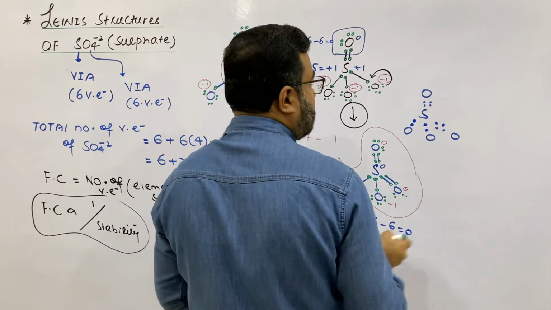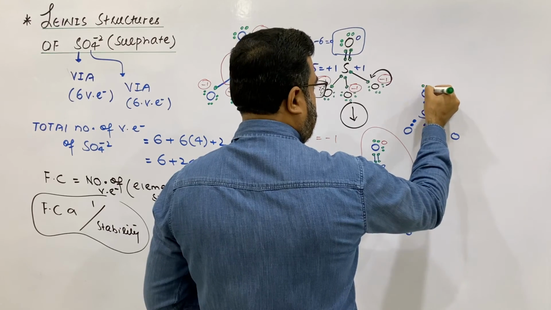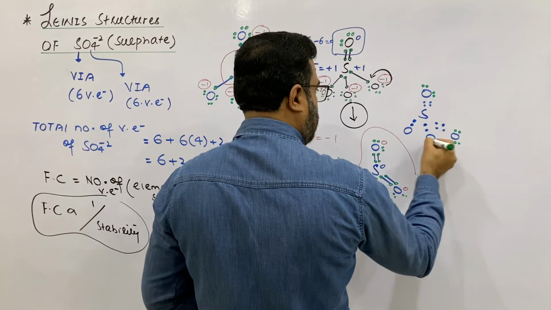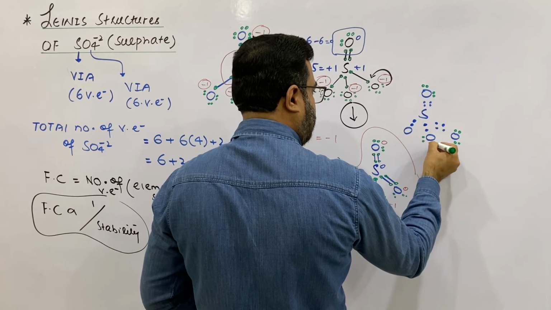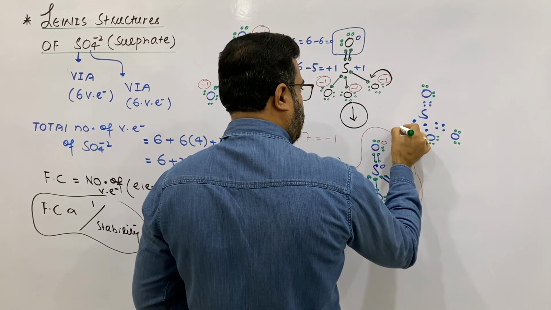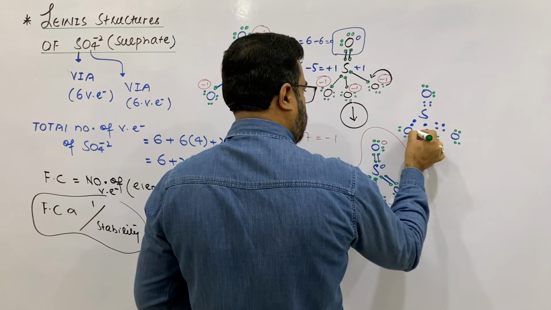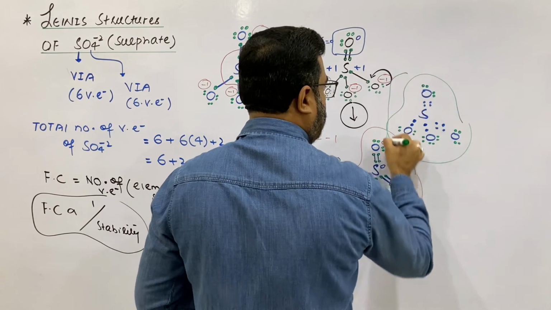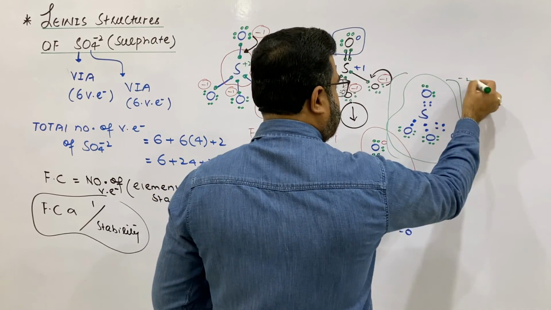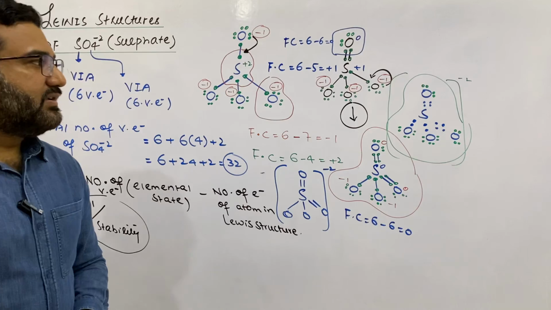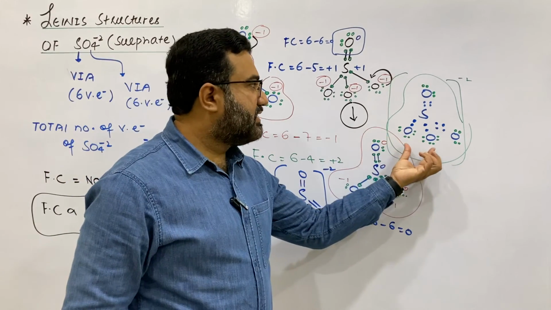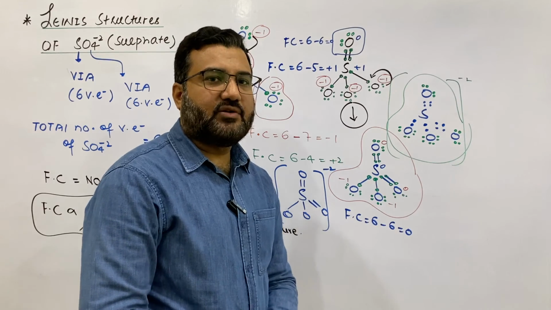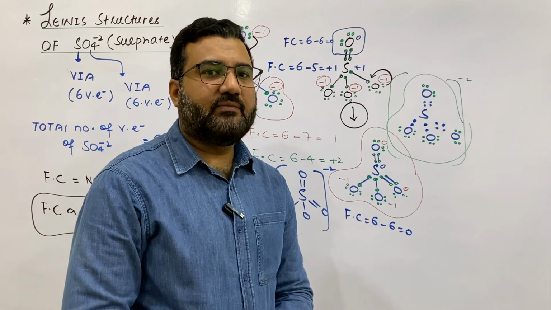Both these oxygens will have 2 lone pairs of electrons, and these oxygens will have 3 lone pairs of electrons. So this one will be the dot structure, and overall the square brackets will be placed and the charge will be -2. So this one is the Lewis dot structure of the sulfate ion, and this shows the maximum stability as the contributing atoms have minimum formal charge.